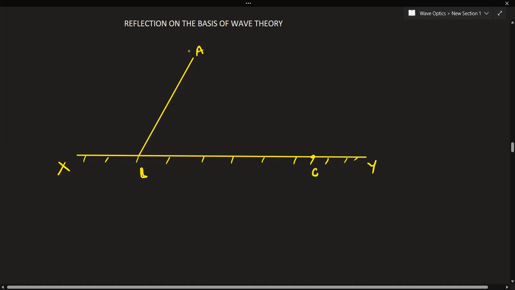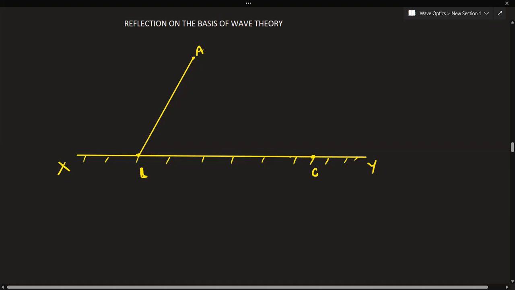We have point C, we have point A, and point B over this side. Since this is tilted, if I draw the spherical curves for the secondary wavelets, for A I'll get a curve all over this side like this.